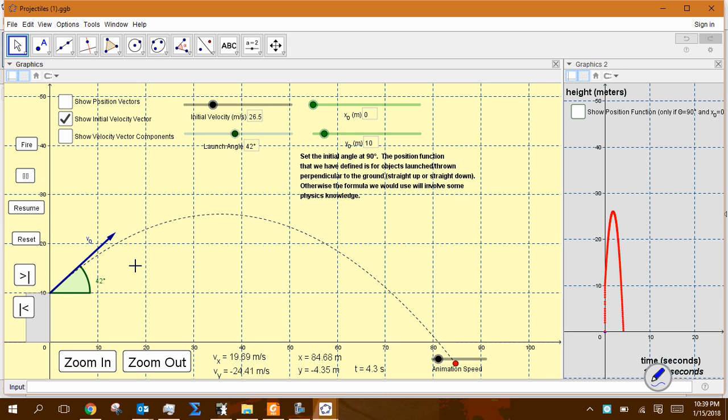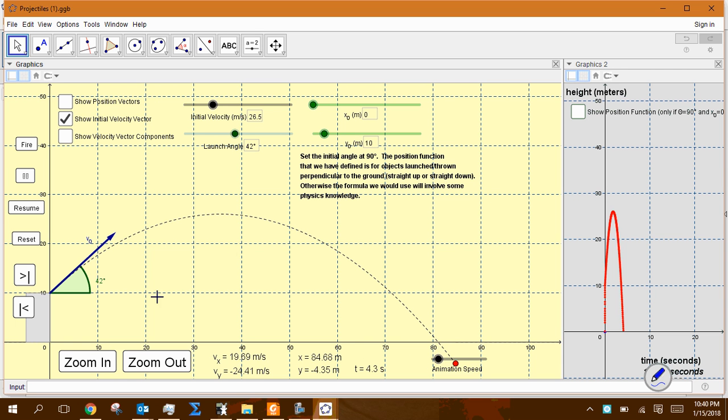Okay, so what we're doing here, obviously the x-axis is in distance right now, and this is the y-axis in distance. We see that my projectile reached a height of about 25 to 26 feet, and the distance it traveled was maybe 81, 82 feet.